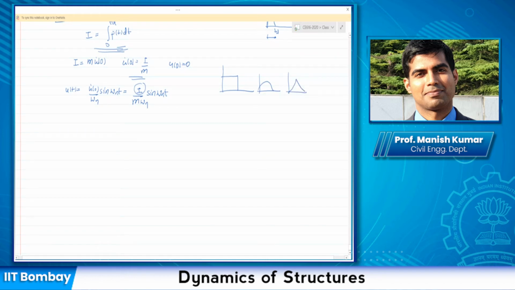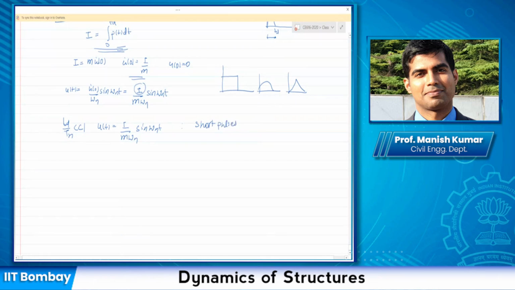As long as my TD by Tn is much smaller than 1, then for all three of them, I can find the responses as I divided by m omega n sine omega n t. And this expression is valid for all the short pulses.